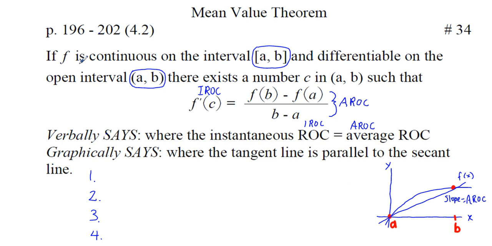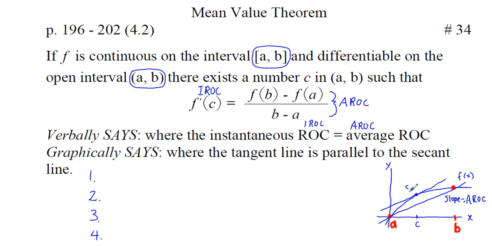And if the function is continuous and differentiable, there is going to be a point, I'm making a point here, on the curve of f of x, that's this curve up here, where at a certain x value c, there's going to be a line, a tangent line, which is parallel to the secant line.